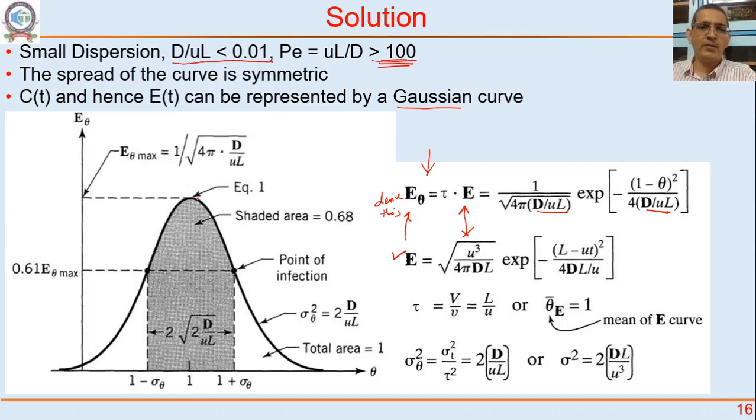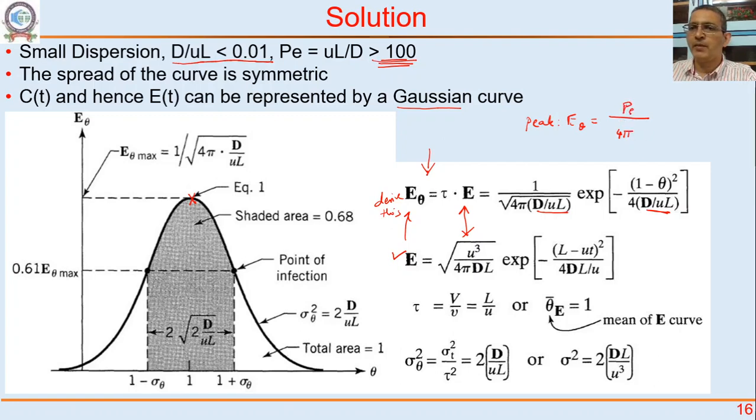The peak is when theta is 0. When theta is 0, e raised to 0 is 1. So peak E theta would be 1 by square root of 4 pi divided by Peclet number, or I can bring this Peclet number into the numerator as well.